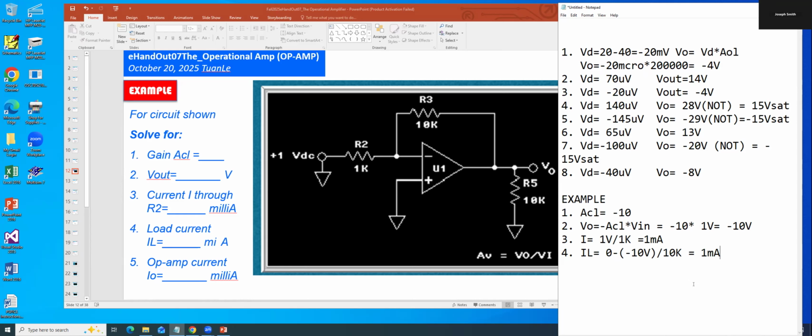Okay. And op-amp current, I out equals I plus IL.